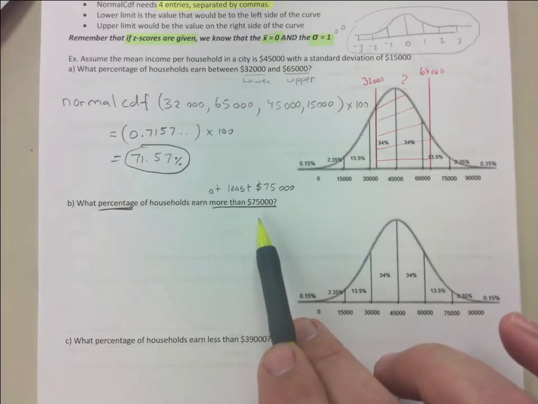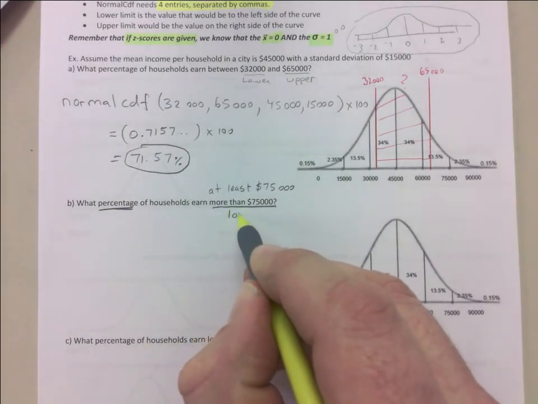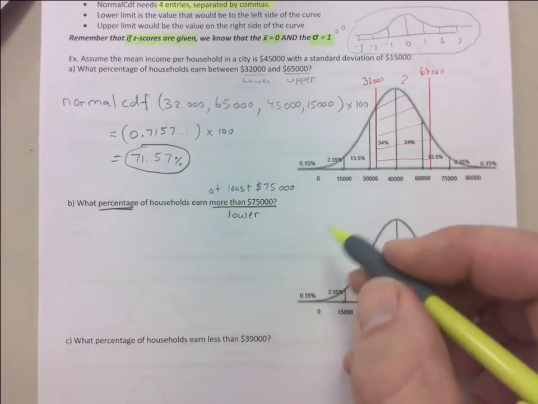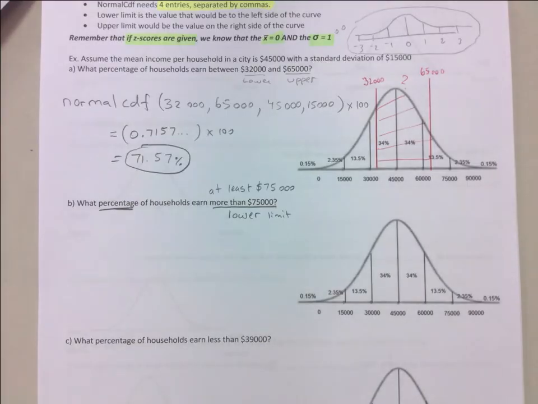What would you say this is? Is this a lower or an upper limit? 75,000 or more. 75,000 is like the lower limit, right? 75,000 or more. So this is your lower limit.